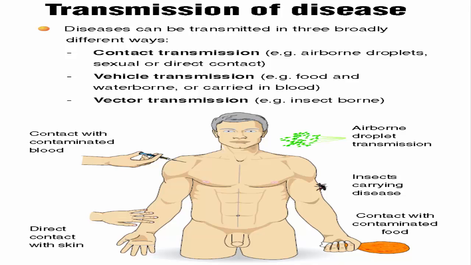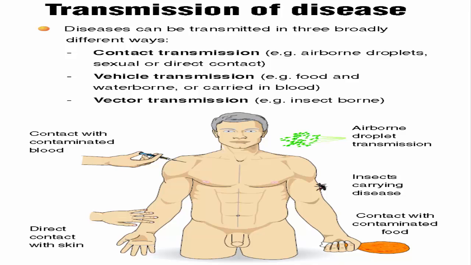So diseases can be transmitted in a lot of different ways, but we tend to simplify it and say there are three broad ways of transmission. Contact transmission, for example by airborne droplets that you might inhale or through direct sexual contact. There's vehicular transmission, for example food and waterborne, or carried in the blood.